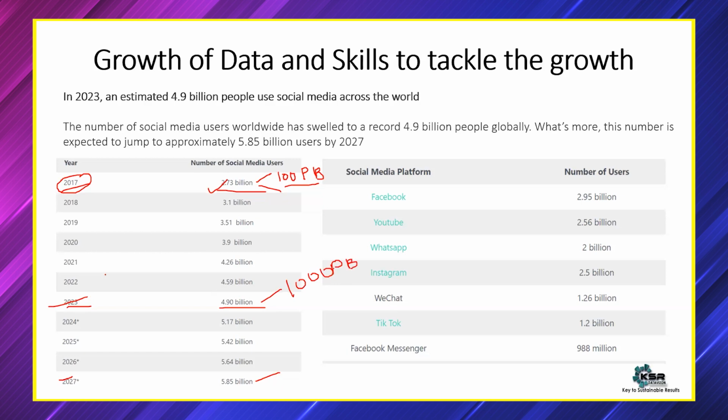Now, why petabyte? Because in most use cases, wherever the data is high, we use petabytes of information. Compared to this 1000 petabytes, around 2027 it would maybe be 5000 petabytes.